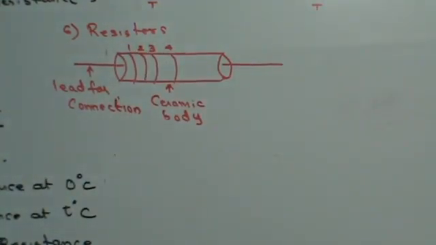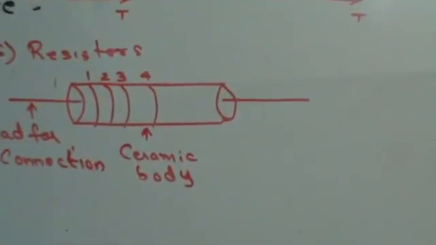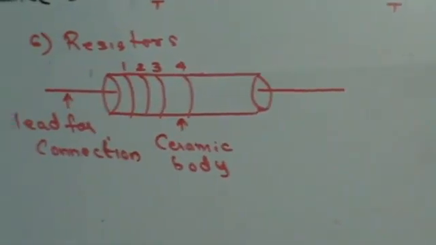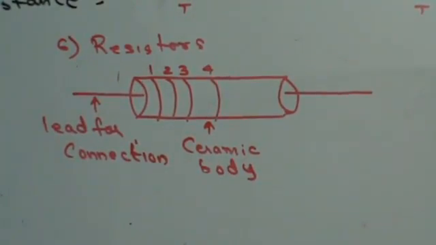These bands have been given different colors. Based on the color given to them, you can find out the value of the resistance, right? How do I learn the band colors?